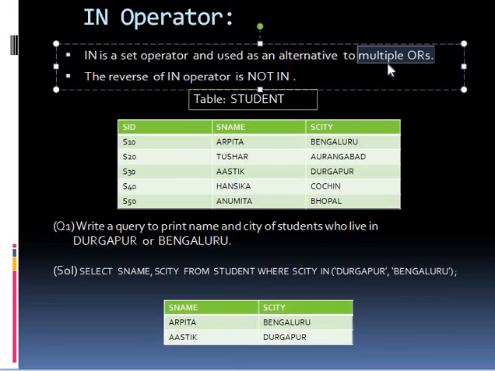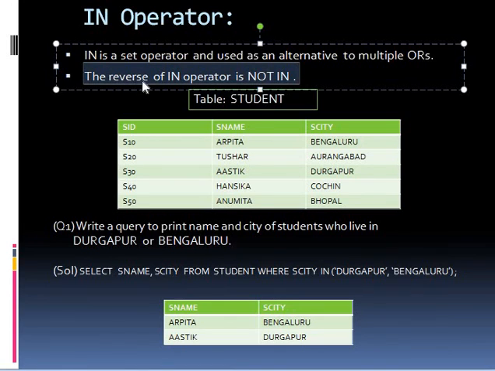Sometimes in an SQL statement you may require to use multiple OR statements. So instead of using multiple OR statements, you can also make use of this IN operator, which is a type of set operator. Note that the reverse of the IN operator is also known as NOT IN.